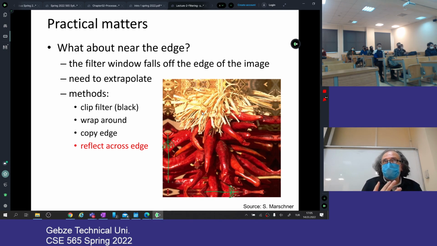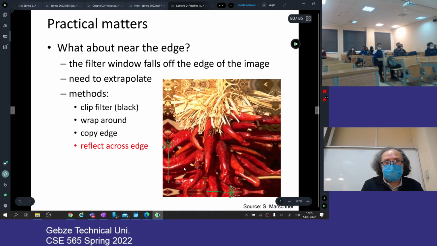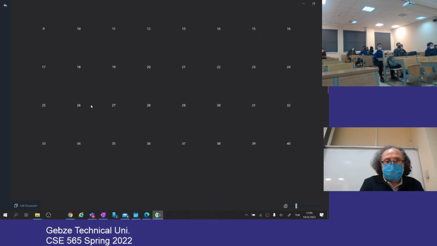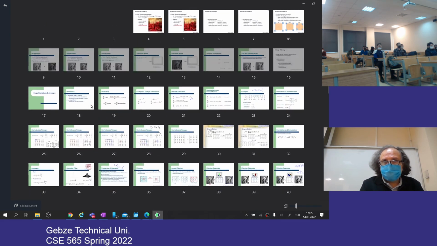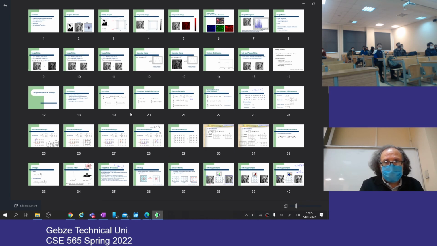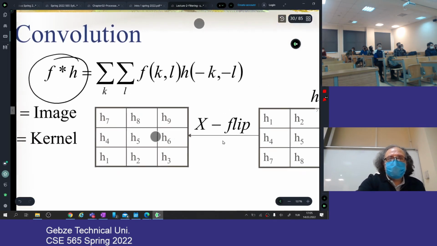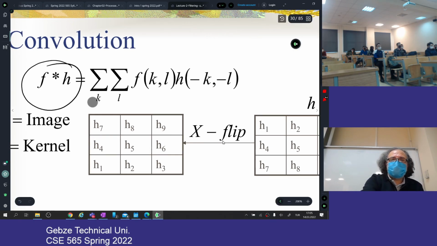So I talked about Gaussian filtering, median filtering, convolutions. We are going to use convolutions a lot. Convolution is actually an expensive procedure. Let me go to the convolution slide. Okay, where is my main convolution? Yeah, there it is. So for every pixel of the new image, I need to do this multiplication and addition.